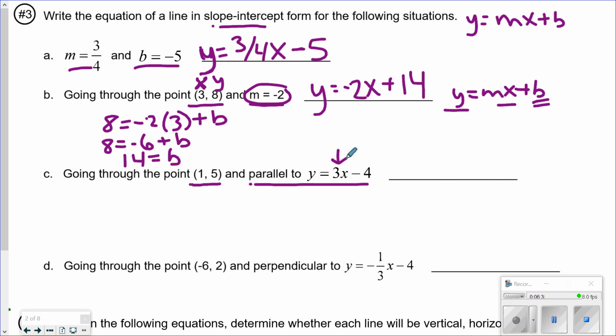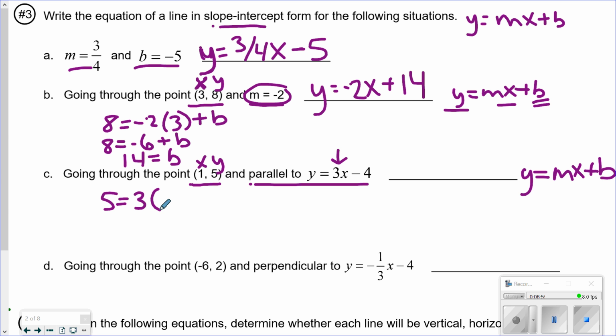My point (1, 5) is going to give me my x and y value. So once again, I'm going to need to solve for my y-intercept, which is b. So y is equal to mx plus b. So instead of y, I'm going to plug in 5 is equal to, my slope is 3.